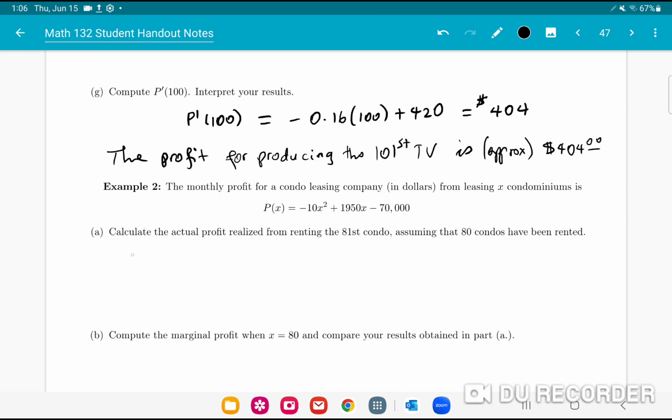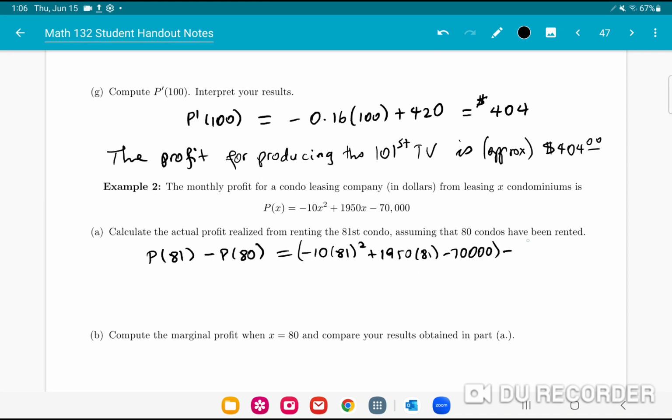So what we want is P of 81 minus P of 80. This is minus 10 times 81 squared plus 1950 times 81 minus 70,000.